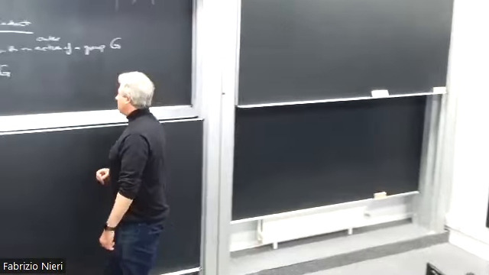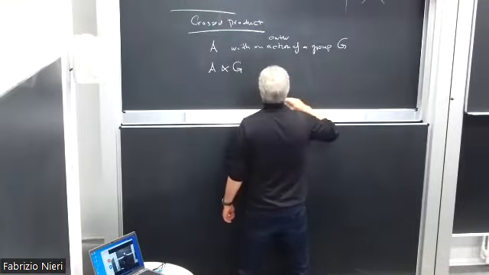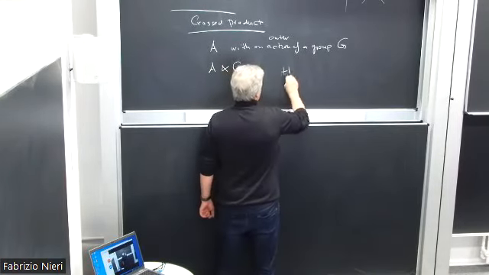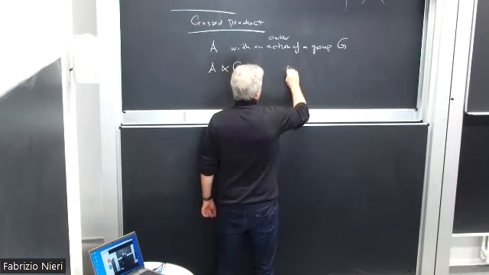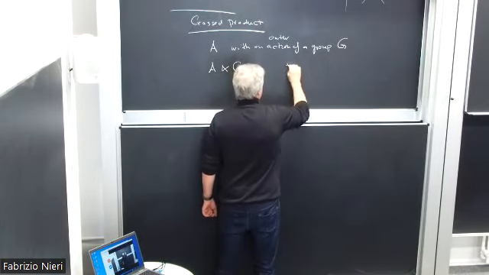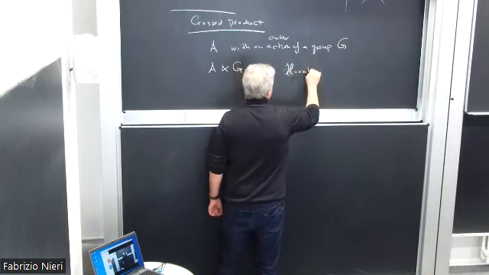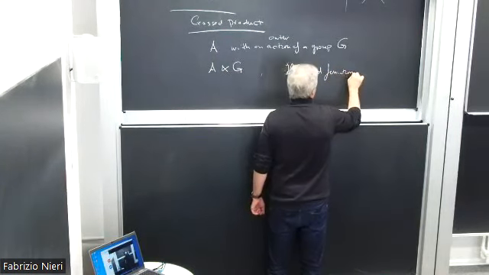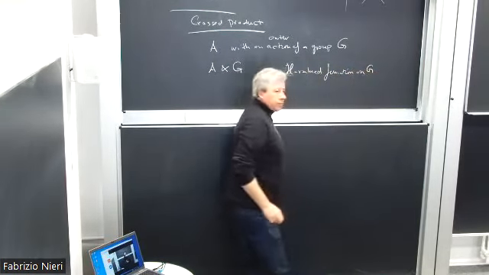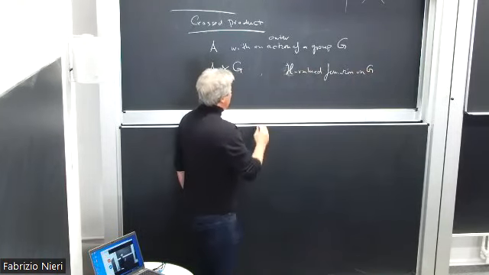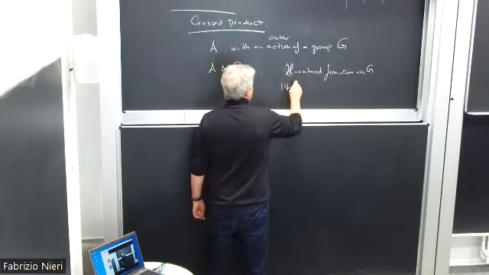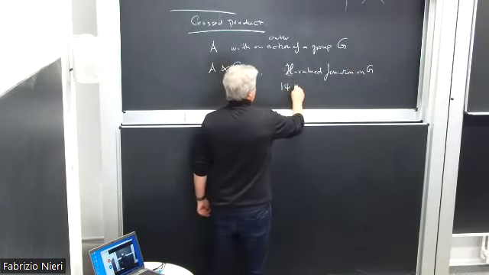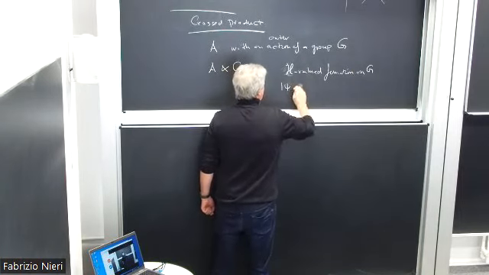So if A is represented on a Hilbert space H, I can take H-valued functions on G. So I think about it that I have a state psi that is kind of in the Hilbert space, but now I also let it depend on G.